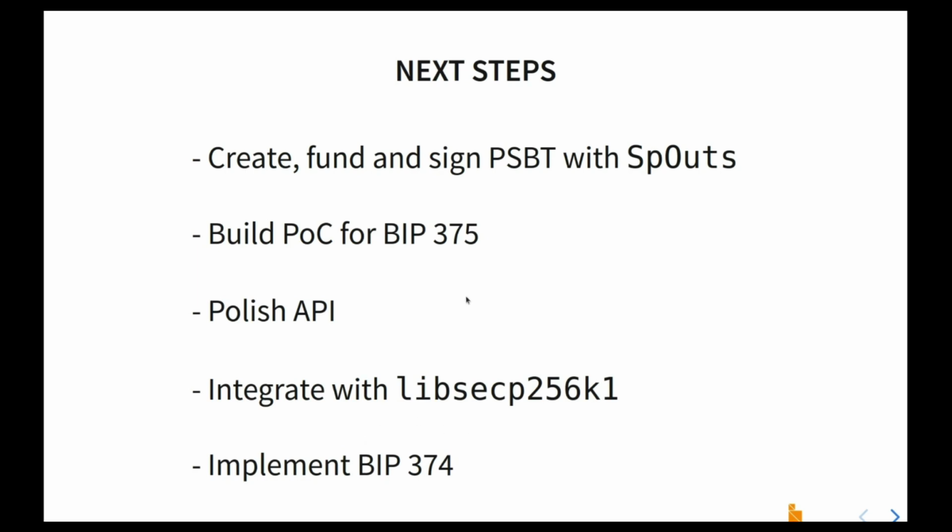And finally, for BIP 375, we also need BIP 374. And that's the one for DLEQ proofs. BIP 375 is the one that allows you to create PSBTs in multi-party environments, and 374 is the one that shows you the proof that the other parties have created the shares that they need to produce the final shared secret in the right way.